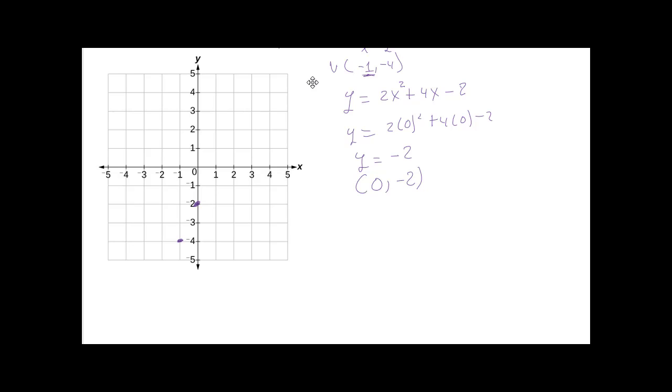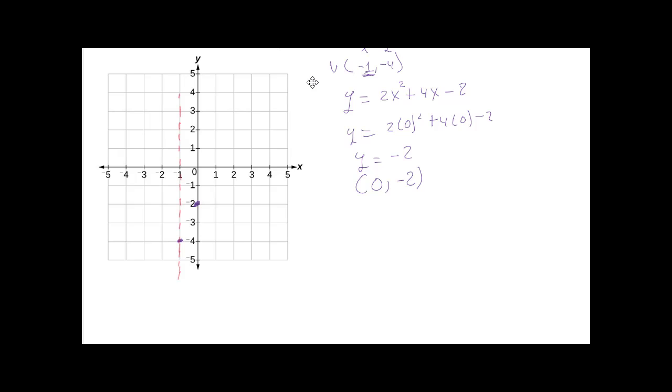Now, if I want to find the other point, I could do the same. I could move 1 unit to the left and try with -2. But graphically, I know in the same position where my x is for my vertex, I have an axis of symmetry. My axis of symmetry will be an imaginary line that helps me to graph, because with an axis of symmetry, everything on the right is going to be exactly the same as everything on the left.